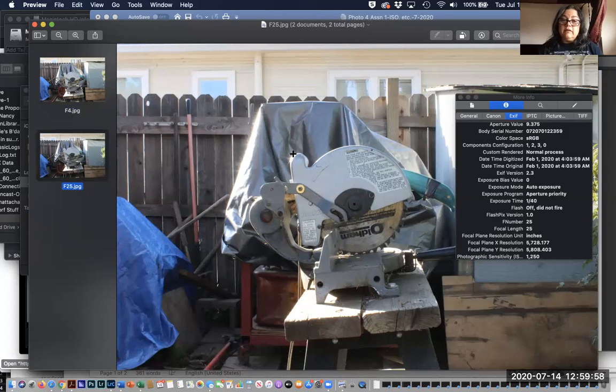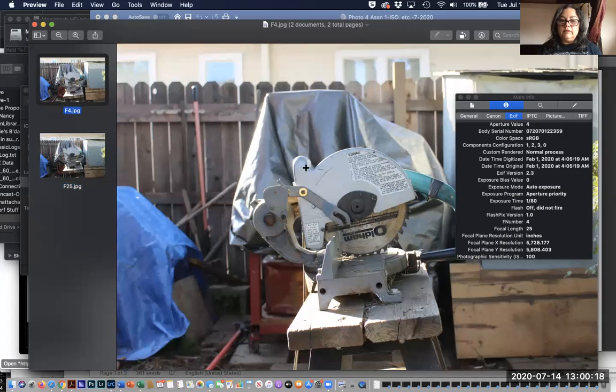One other thing that I think is interesting about shooting with a small aperture as opposed to a large one is what happens to highlight areas, like points of light. So if you look at this bright area on the upper left part of this saw in the foreground, with the large aperture, it's really bright, but that's it.